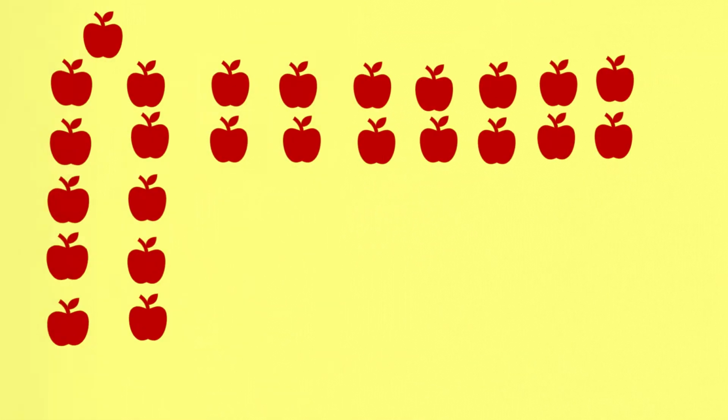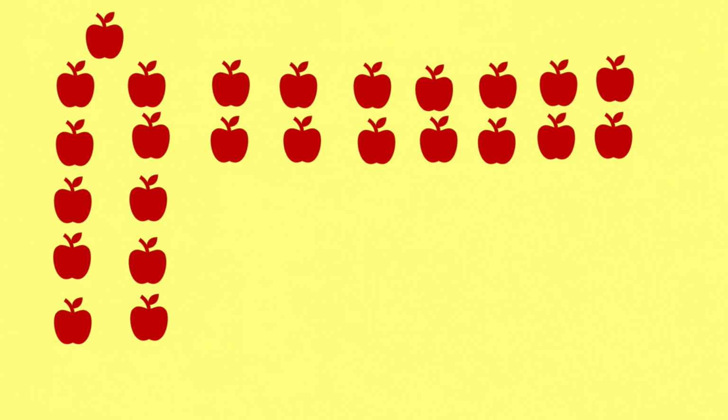The example here again arranges a few apples for you. If you want, you can count them, but I'm not interested in writing each one, so just count in a rough way. 1, 2, 3, 4, 5, 6, 7, 8, 9, 10, 11, 12, 13, 14, 15, 16, 17, 18, 19, 20, 21, 22, 23, 24, 25.